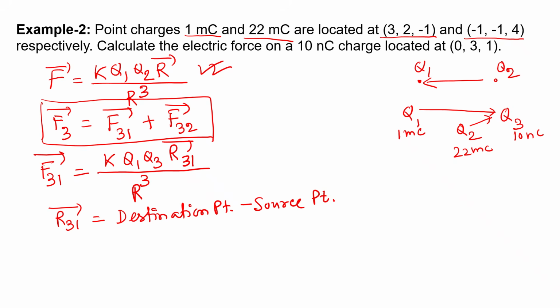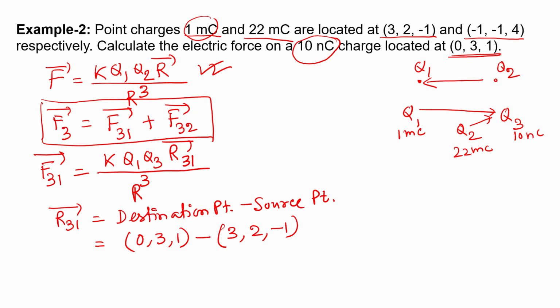So what is my destination point? My destination point is (0, 3, 1), because I want to calculate the force on the 10 nanocoulomb charge. So I'll write (0, 3, 1) minus the source point. We are calculating the force due to this charge Q1, which is located at (3, 2, -1).